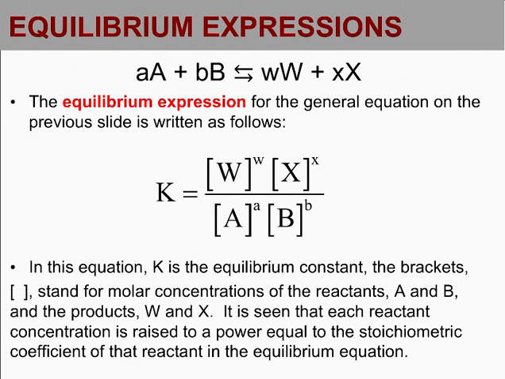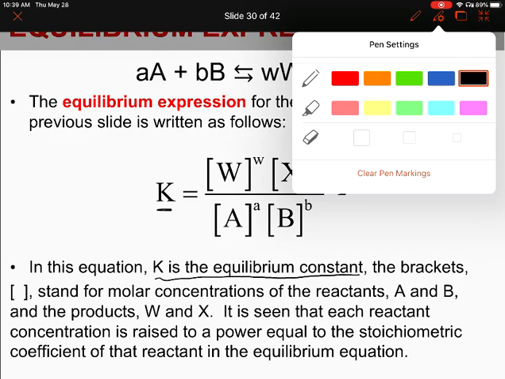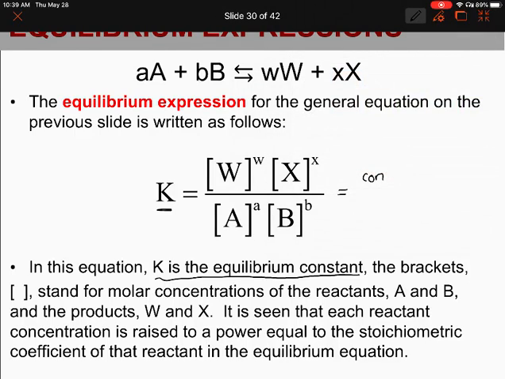Now, using that same reaction, we're going to write out something called an equilibrium expression. The equilibrium constant is that K right here. We can write that it's equal to the concentration of products over the concentration of reactants.